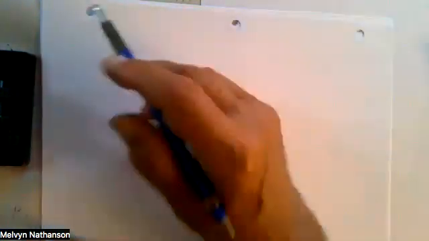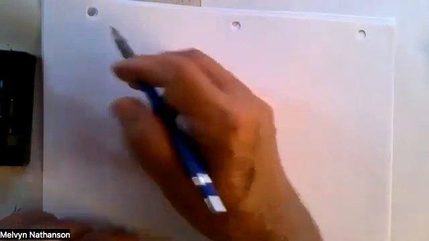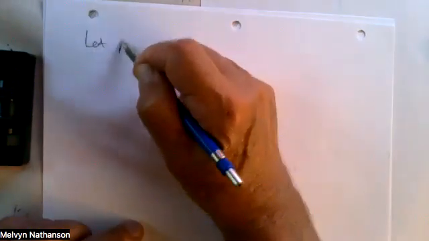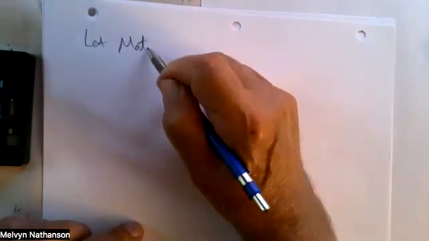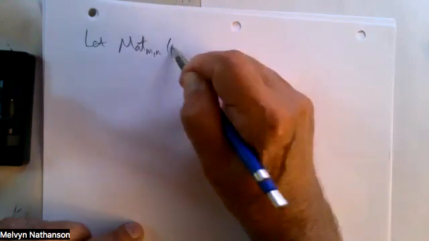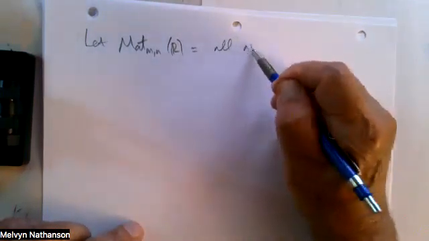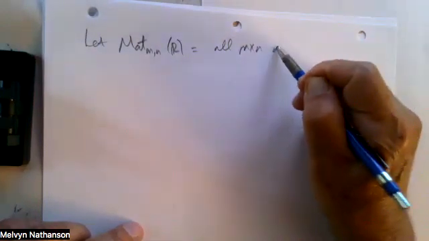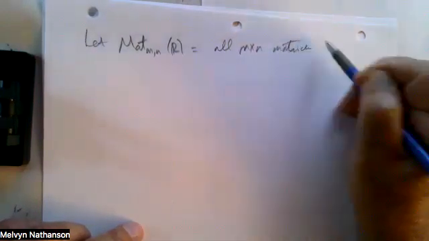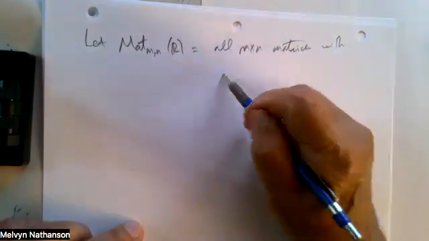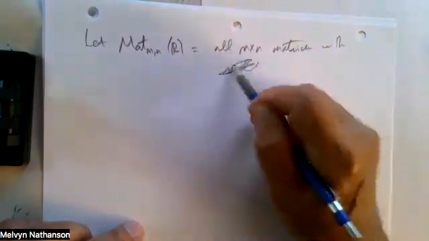All this says is, remember what a vector space is. A vector space is a set of things, vectors, that you can add and multiply by scalars. Suppose we let Mat_{M,N}(R) be the set of all M by N matrices with real coordinates.